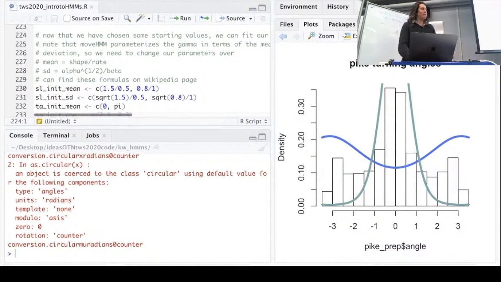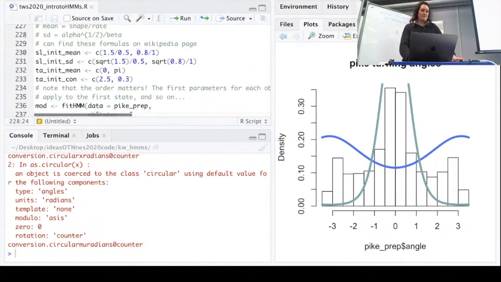A little bit of the problem with the way I do it is that moveHMM parameterizes, in terms of the user interface, the gamma distribution in terms of the mean and the standard deviation. So you have to take those parameters and calculate the mean and standard deviation of the gamma distribution, but you can just find those equations on Wikipedia, and I included them here.